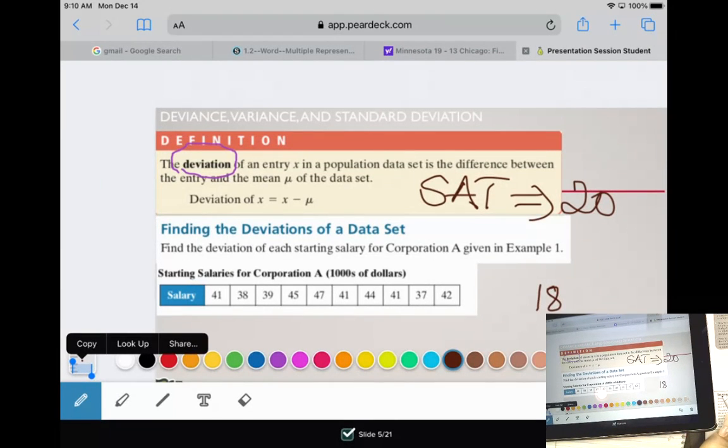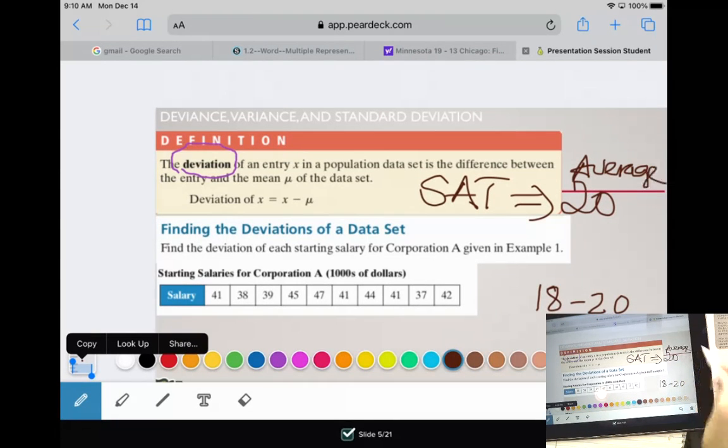We want to know where you are compared to the average. That's a deviation, by taking your score, which is 18, take away the average, the mean. That tells you that you are 2 points below the mean, that you are below the average.